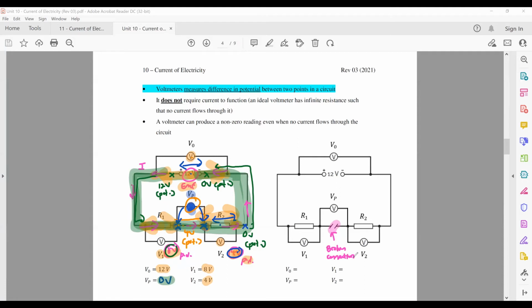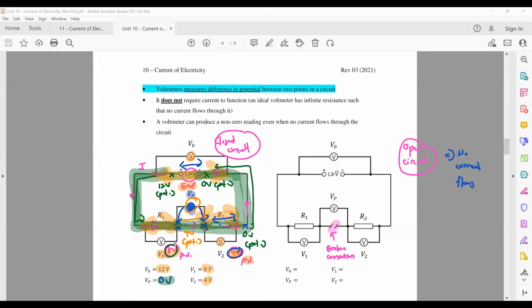So now, with a broken connection here, this one was a closed circuit with current flow. This is now an open circuit, because there's some broken connection here. For an open circuit, no current flows.